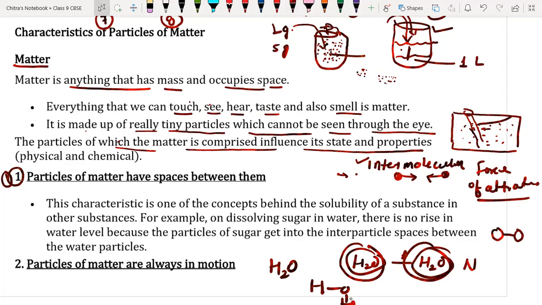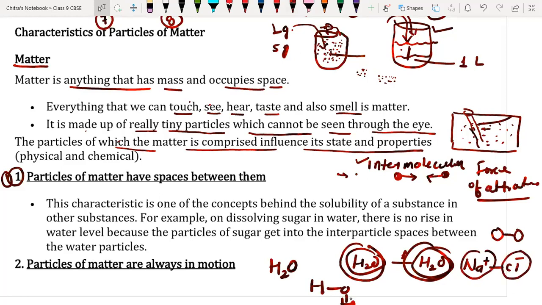Sodium is a positive ion and chlorine a negative ion, and the force of attraction between them is called electrostatic force of attraction, because it works between two differently charged particles. Here we have a positive charge and here a negative charge.